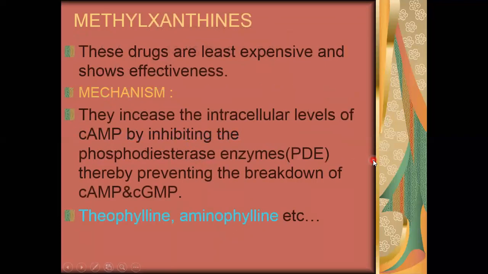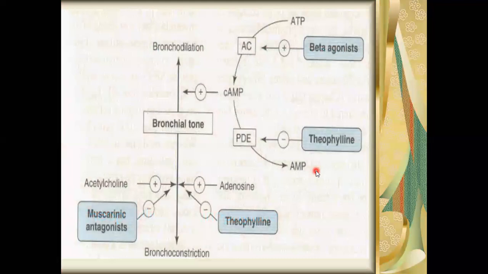The next category of drugs is methylxanthines. These drugs are the least expensive and show better effectiveness. The main mechanism of action of these drugs is that they inhibit the phosphodiesterase enzyme, which is responsible for cyclic AMP degradation or metabolism.